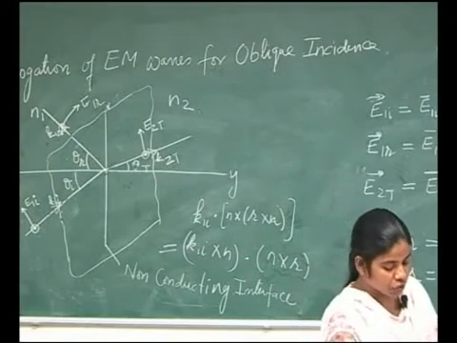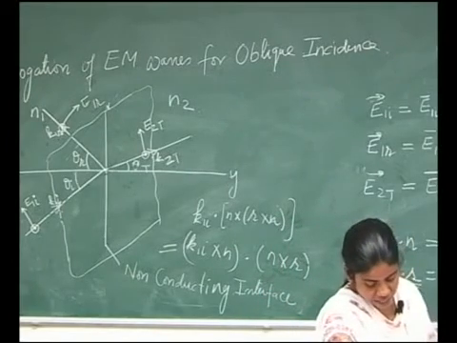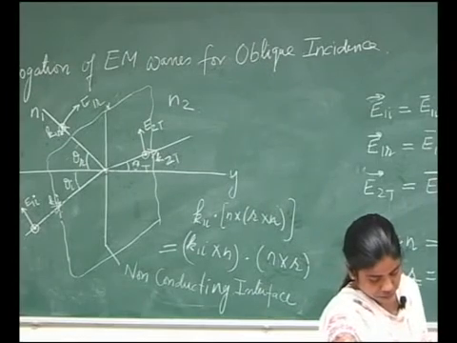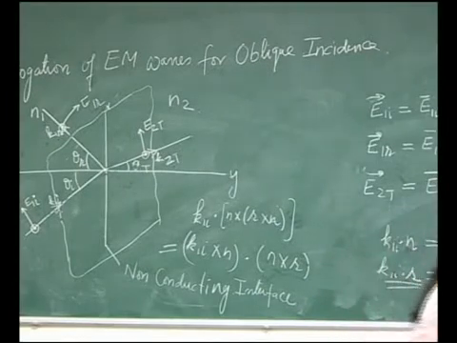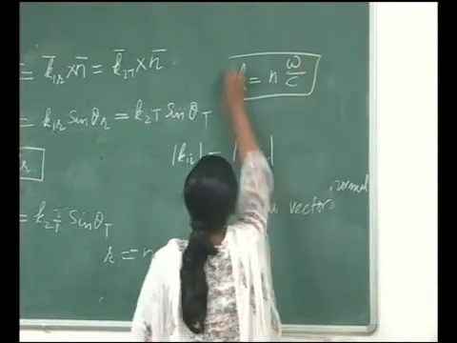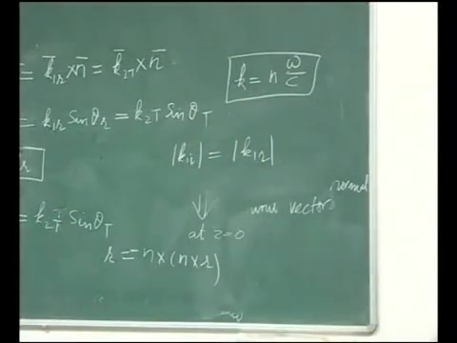You can look into your notes. In the last lecture we have done this. Propagation vector is refractive index into omega by c.